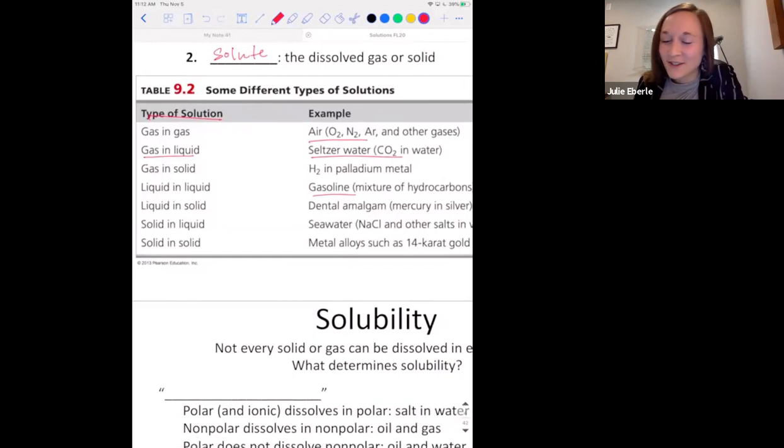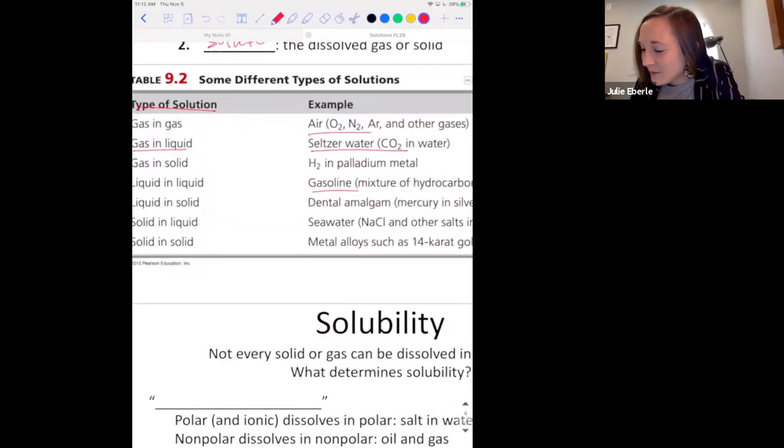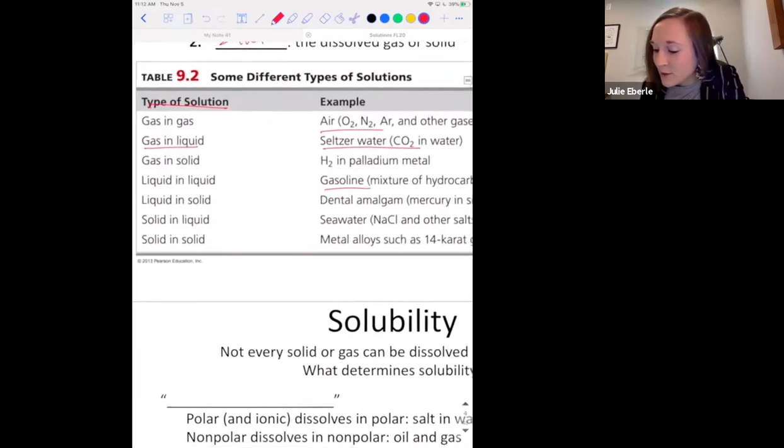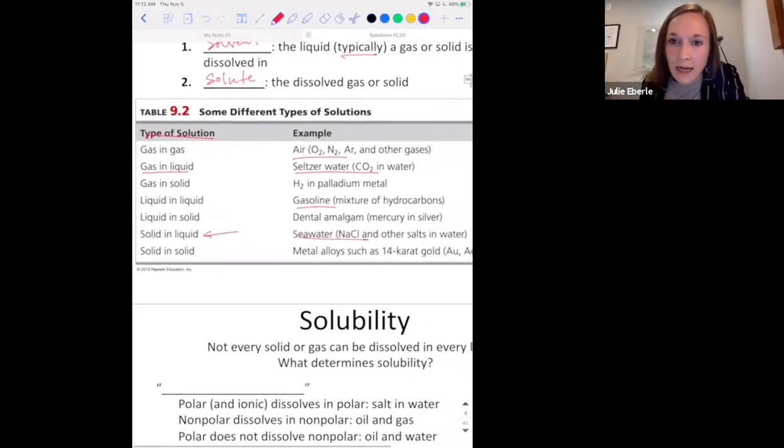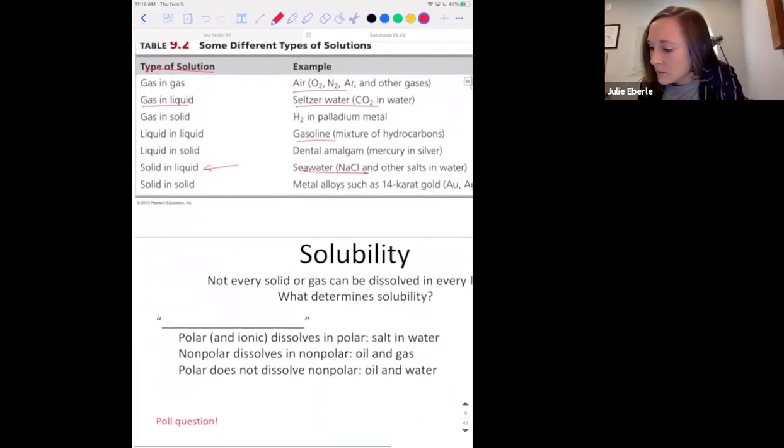I did think it was very gross, but I now enjoy it. Okay, but here's what we're more familiar with: solid and liquid. Seawater, NaCl, and other types of salts dissolved in your solvent. So anyways, I just wanted to show you this table because there's all different kinds. So don't box yourself into thinking it's always some sort of solid dissolved in a liquid, like sugar dissolved in sweet tea. Okay, it's much more than that.